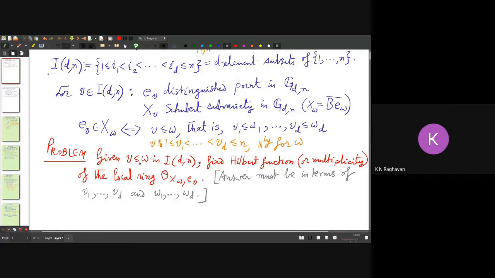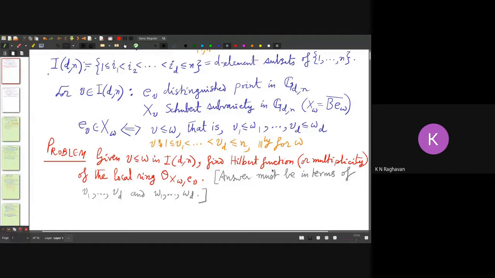So to state the problem: given V less than or equal to W in I_{d,n}, I have a Schubert variety in the Grassmannian G_{d,n} indexed by W, and I know that the point E_V belongs to X_W.